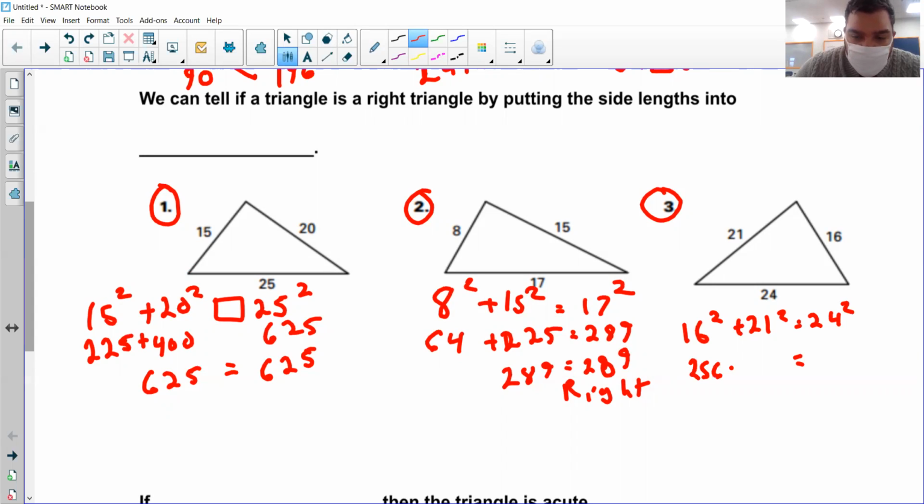This is 256. Mr. T, am I right? For number 3, Morty and Angela, I agree. You guys are right.